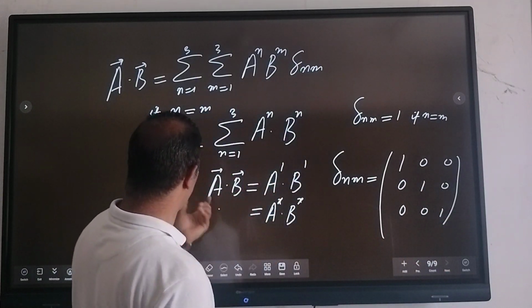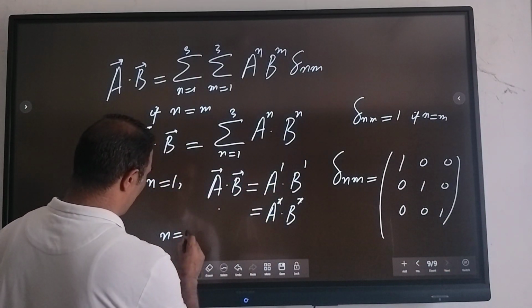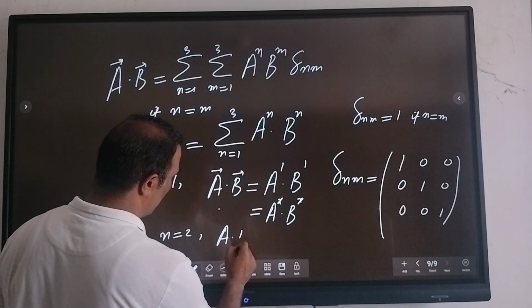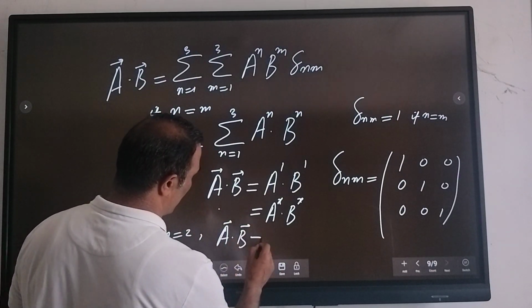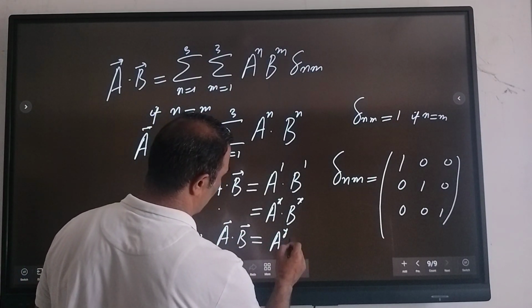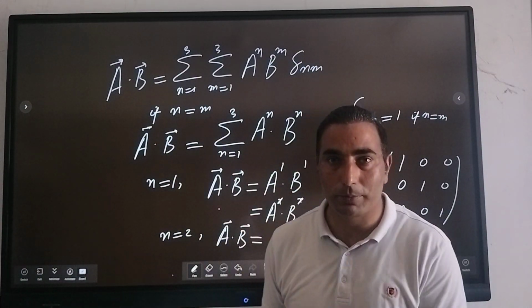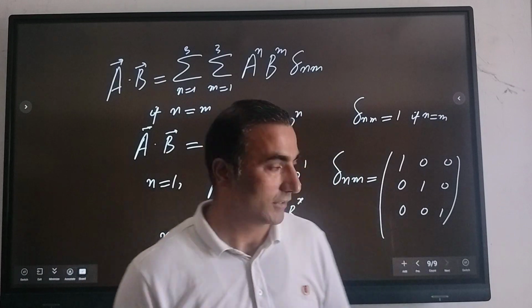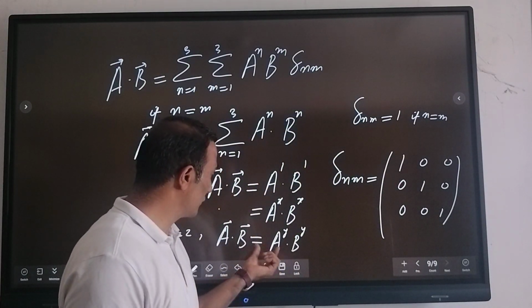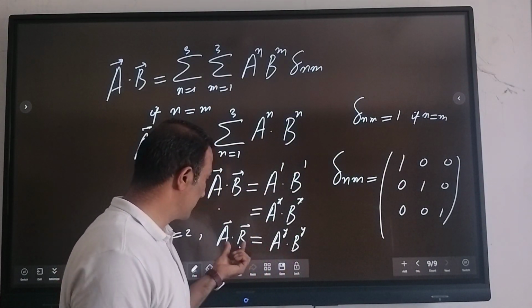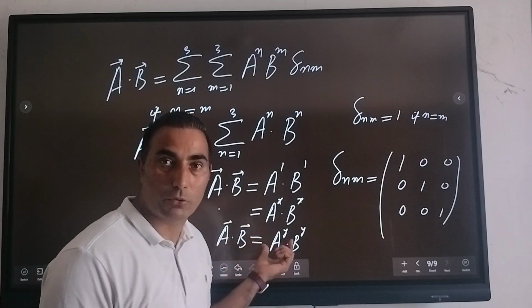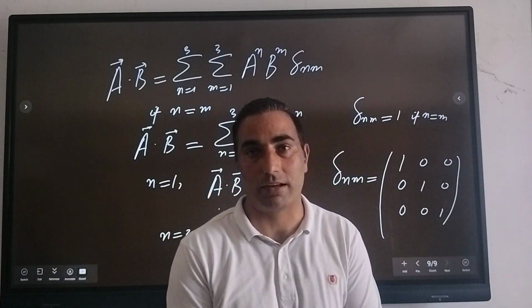And similarly if you put n equal to 2, so that a dot b will be equal to ay by, right? So that means this you can calculate. So what will be that a dot b here? So this gives us the product between the two vectors in terms of these basis vectors, right?